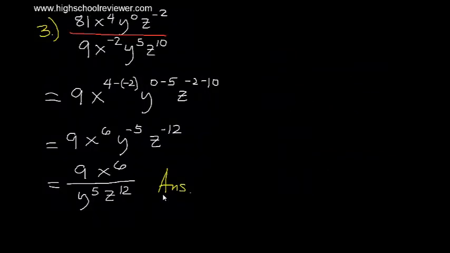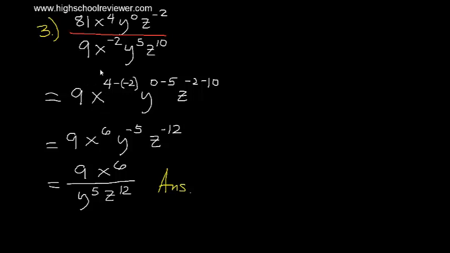Number 3, 81 multiplied by x raised to the 4th, y raised to 0, and z raised to negative 2, all over positive 9, x raised to negative 2, y raised to positive 5, and z raised to positive 10. 81 divided by 9, that is positive 9.